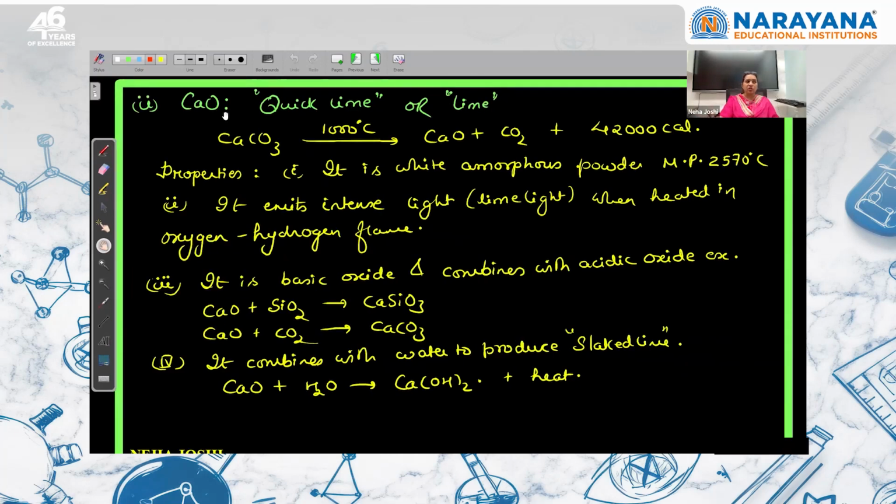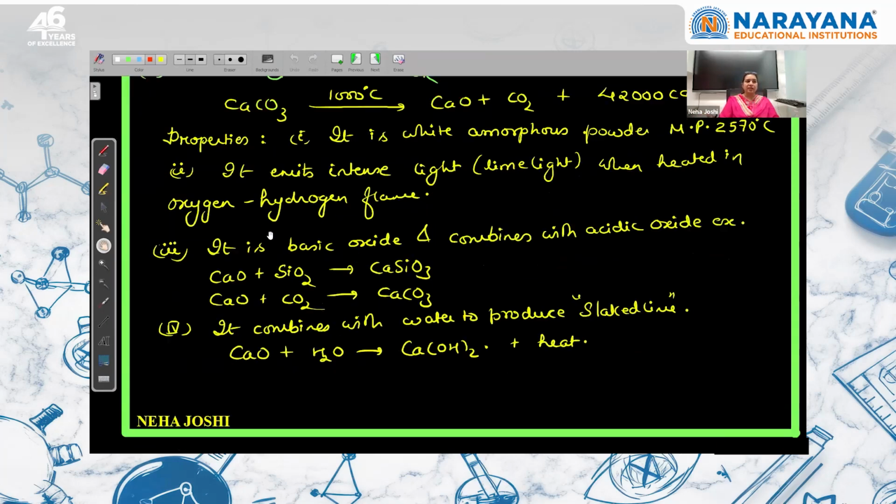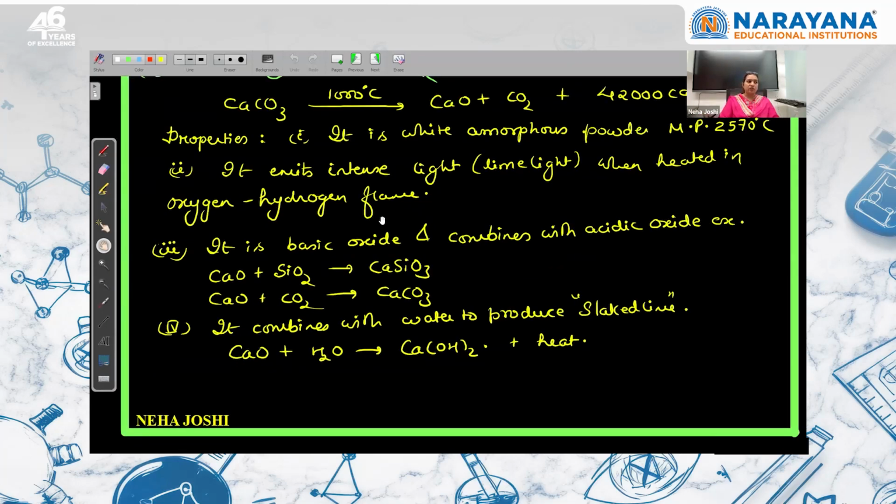Next is CaO as oxide, which is important, called quicklime or lime, prepared by heating CaCO3 at 1000 degrees centigrade. It is a white amorphous powder. It emits intense light when heated in an oxygen-hydrogen flame. Certainly, it is a basic oxide, so it reacts with acidic oxide, and therefore it is used for slag formation in metallurgy.